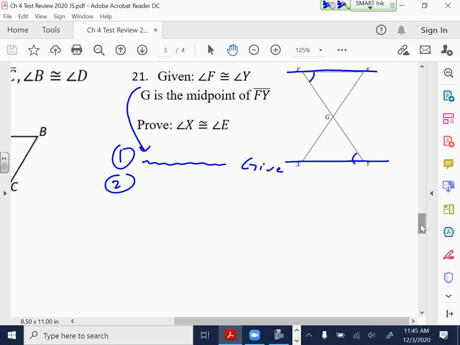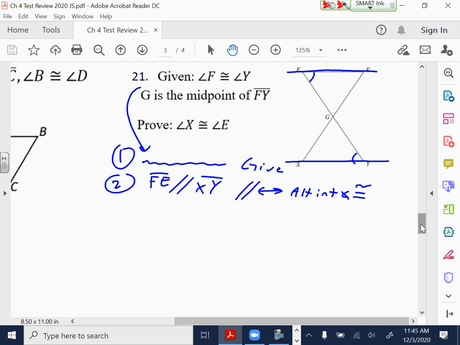Because those alternate interior angles, if they're congruent, that means the lines have to be parallel. So you could say FE is parallel to XY. And I know that because lines are parallel if and only if alternate interior angles are congruent.